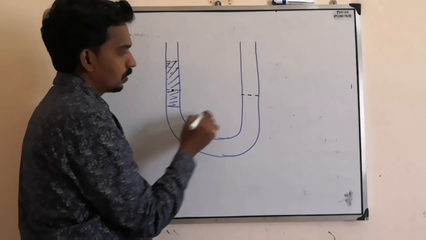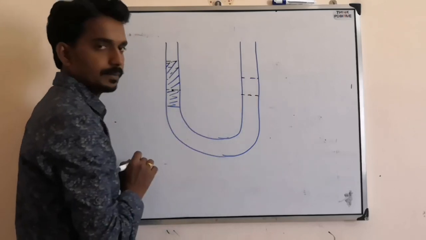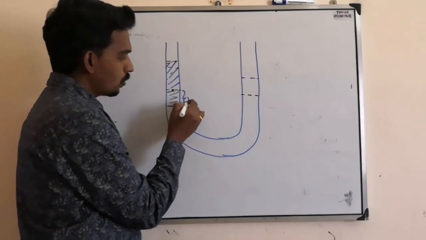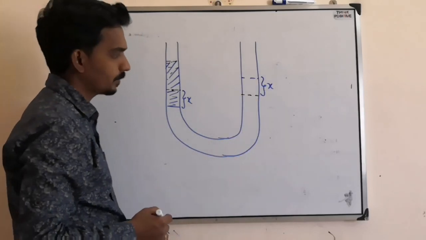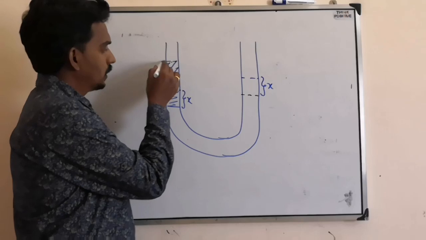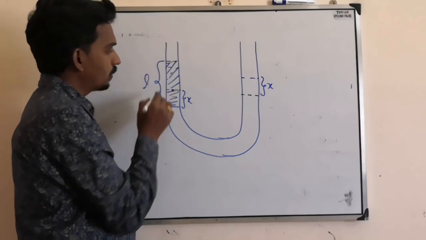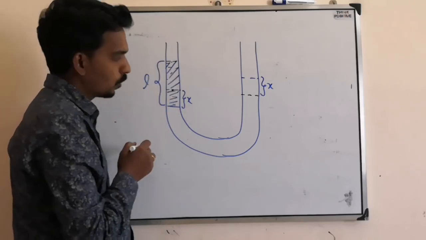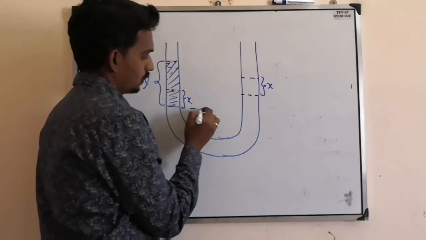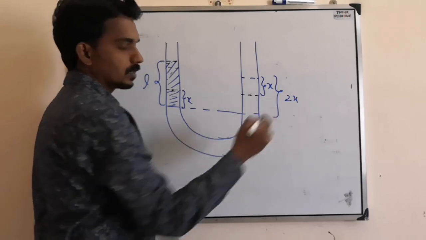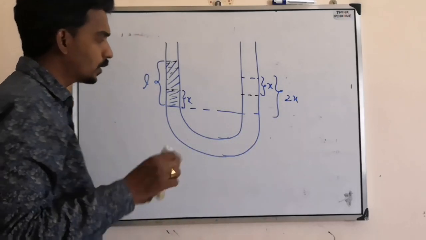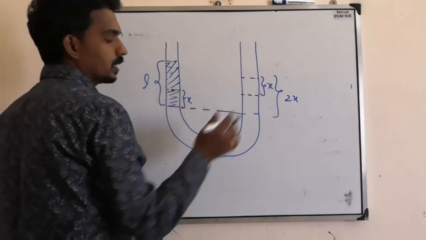Let's say this came down by x, then this will also go up by x. Then this will become the length of the new liquid you poured, and this will become x plus x, 2x. Then you need to compare to get the relation between them.